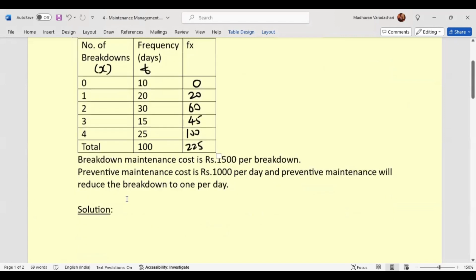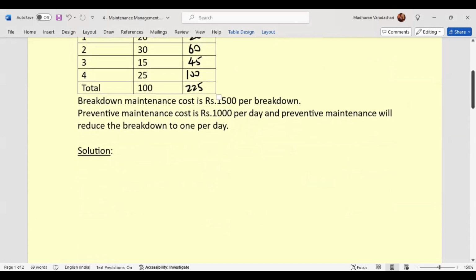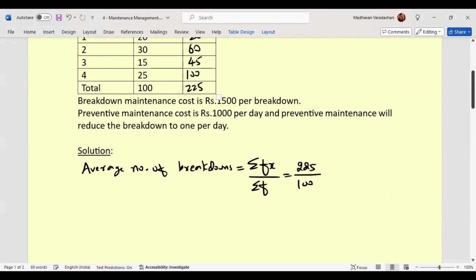So we can say now the average number of breakdowns is summation of fx divided by summation of f, which is 225 divided by 100.